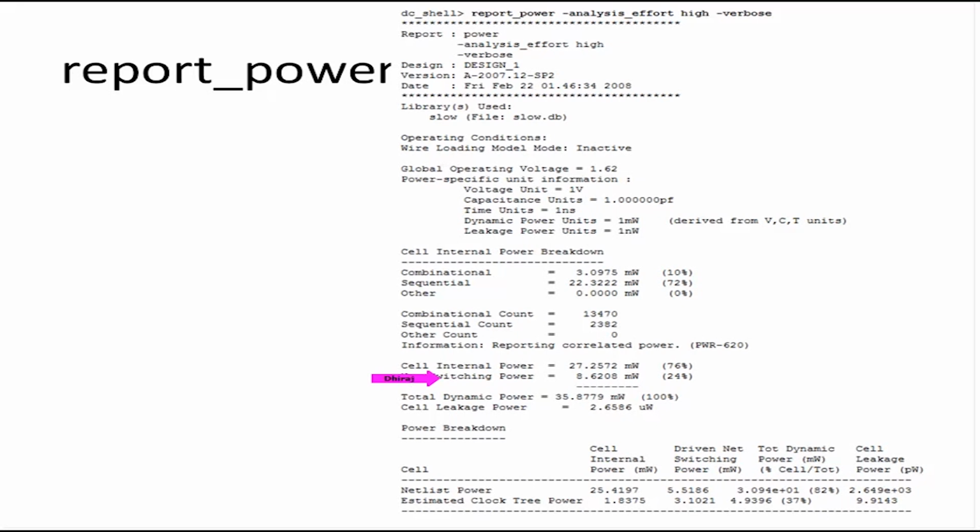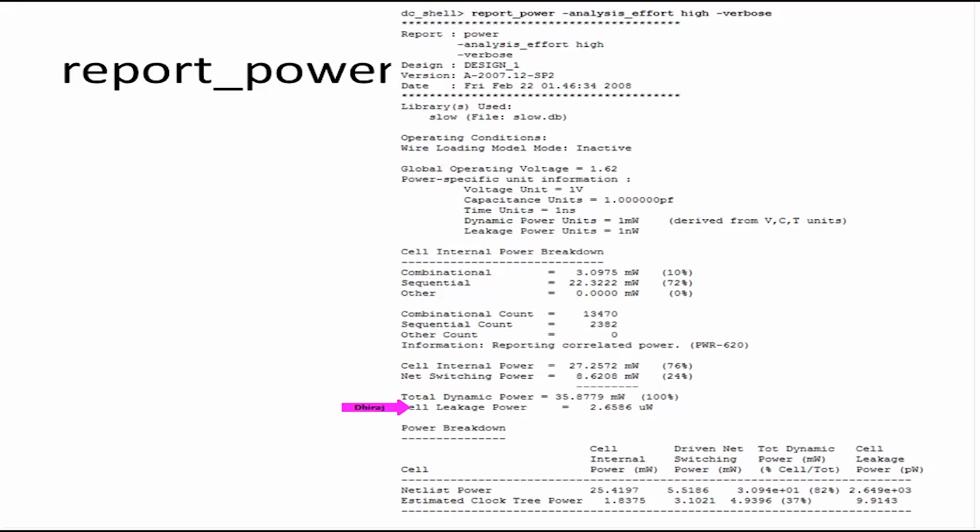The internal power would remain the same, because internal power does not depend on external load. A lot of buffers and inverters will probably be inserted after layout, which will cause more power. So this is the pre-layout power. The post-layout dynamic power and leakage power will both grow, because the number of cells and number of nets will both grow. It also tells us the leakage power.